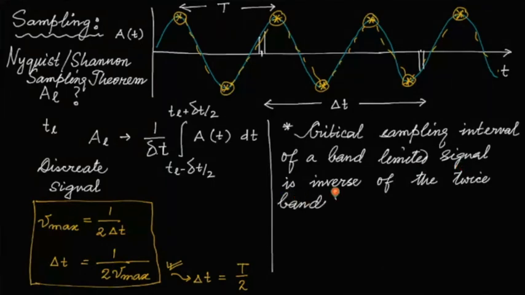Critical because if you sample at a faster interval, if I have more points here, there is no harm. I will get the same signal. So this is basically telling you that delta T has to be less than or equal to 1 by 2 nu max.